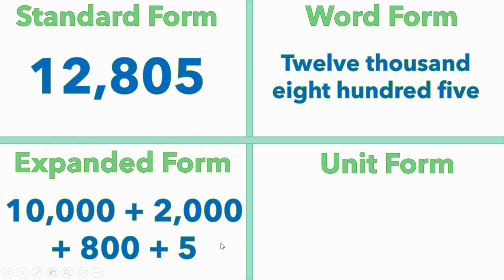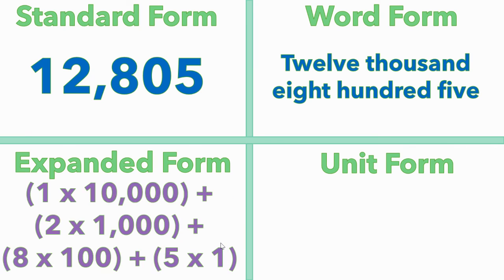We can also use multiplication for expanded form. What we would do is use the digit we see times the place value it's in. So the 1 is in the 10,000s place, so 1 times 10,000, plus the 2 is in the thousands place, so 2 times 1,000, plus the 8 is in the hundreds place, so 8 times 100, plus the 5 is in the ones place, so 5 times 1.